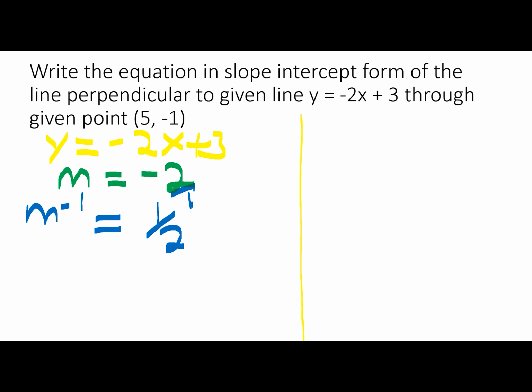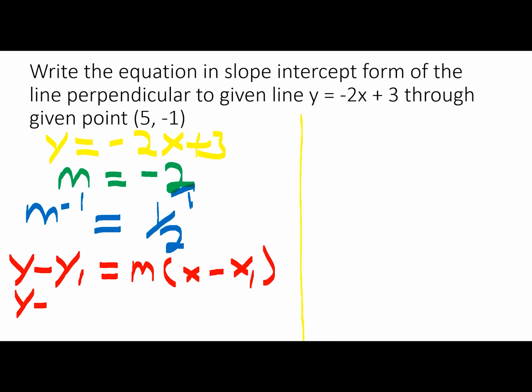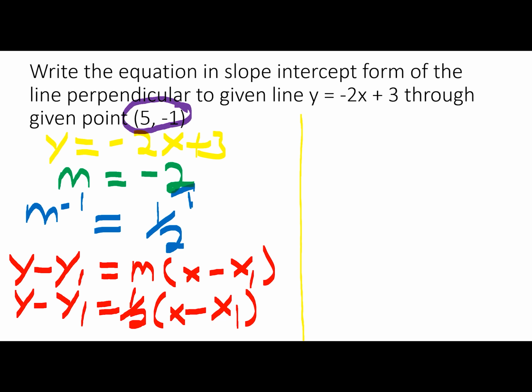Now the next step said write the point slope form equation. It said plug in the slope. Then it said plug in x1 and y1. x1 and y1 are the point it's passing through.